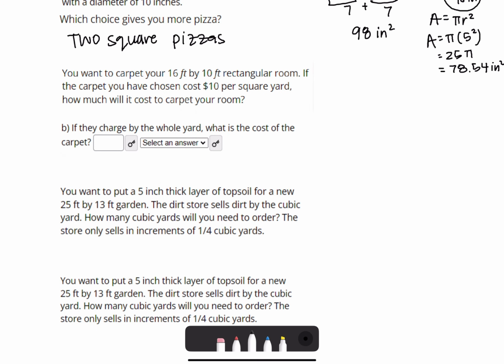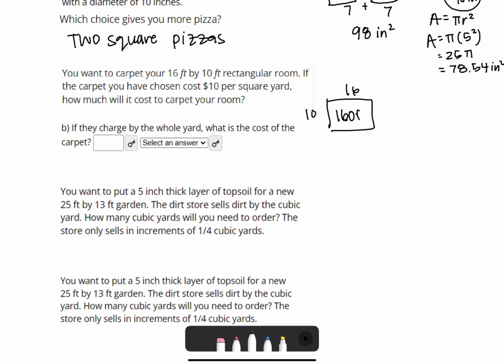Next, you want to carpet your 16 by 10 foot rectangular room, and the carpet costs $10 per square yard. So you would do 10 times 16 to get the area.